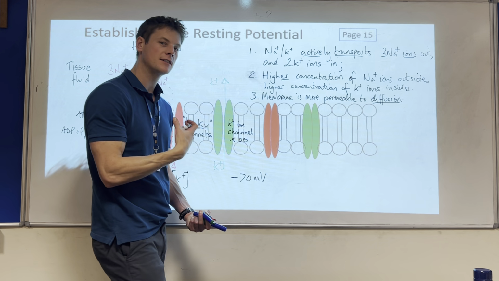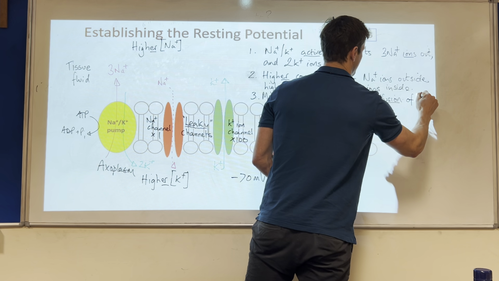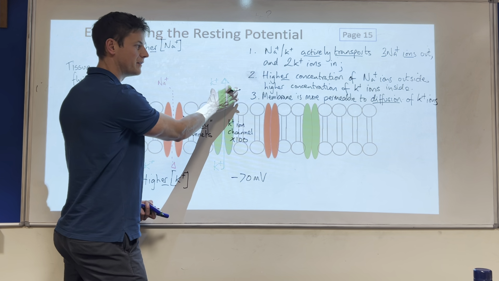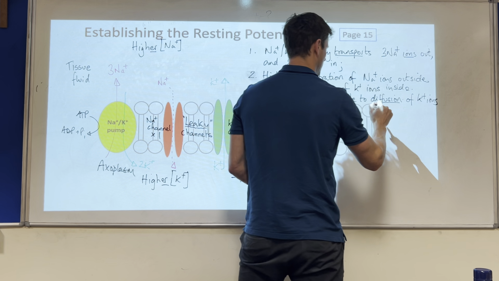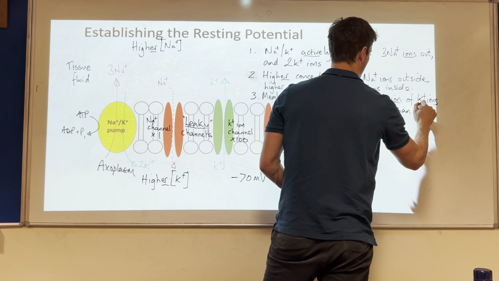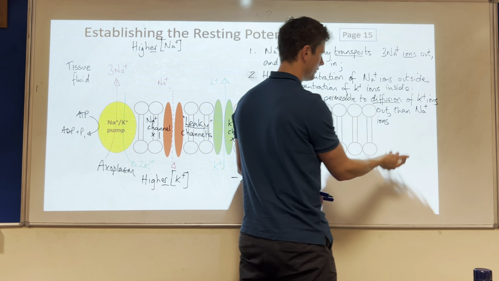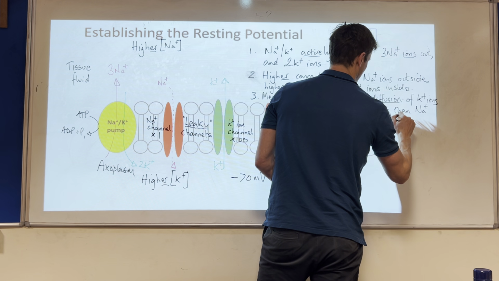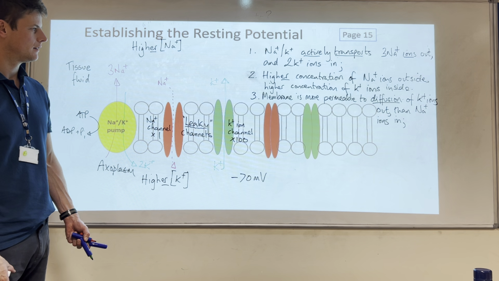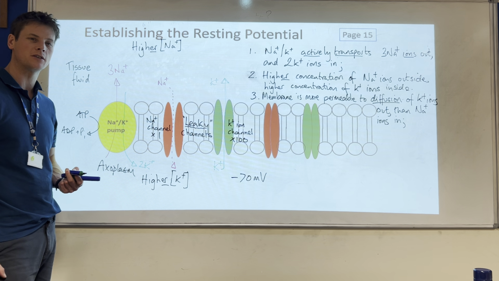Okay, I'm stating the type of transport again, of potassium ions moving back out than sodium ions diffusing in. Okay, and that really explains how this resting potential is established.